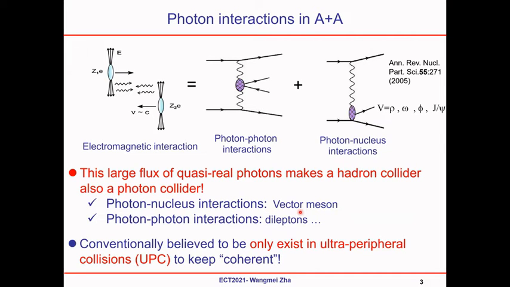Coherent means that it interacts with the whole nucleus, and incoherent means it hits individual nucleons, which breaks the nucleus. Conventionally, in the past we only believed that coherent production only exists in ultra-peripheral collisions, because to keep the coherence requirement, when you have nuclear overlap the nuclei will be broken up, which we thought could not keep coherence anymore.